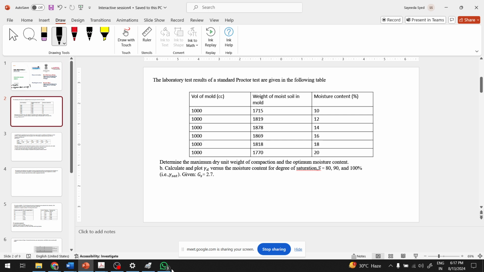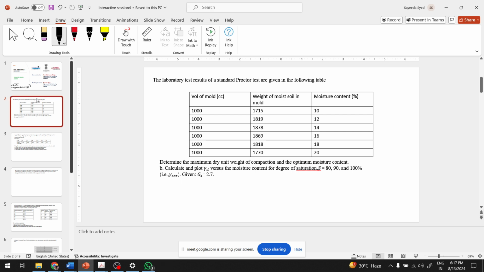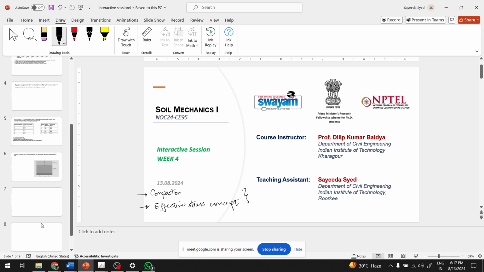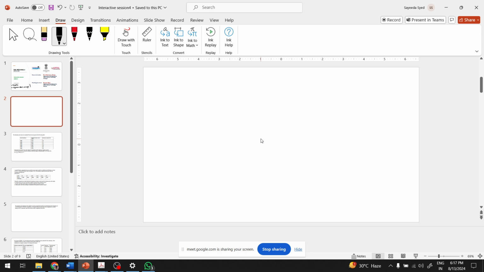First of all, let's discuss some general facts about compaction before we start solving some questions on that. Compaction is a relatively simple topic.